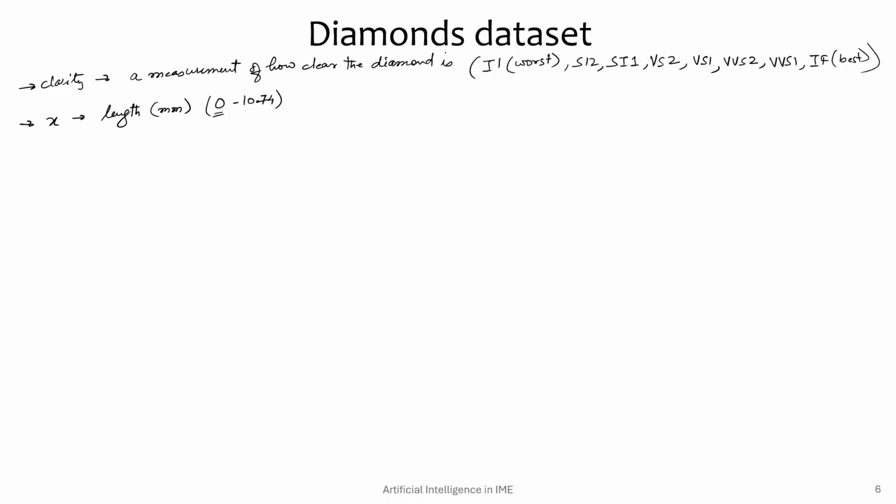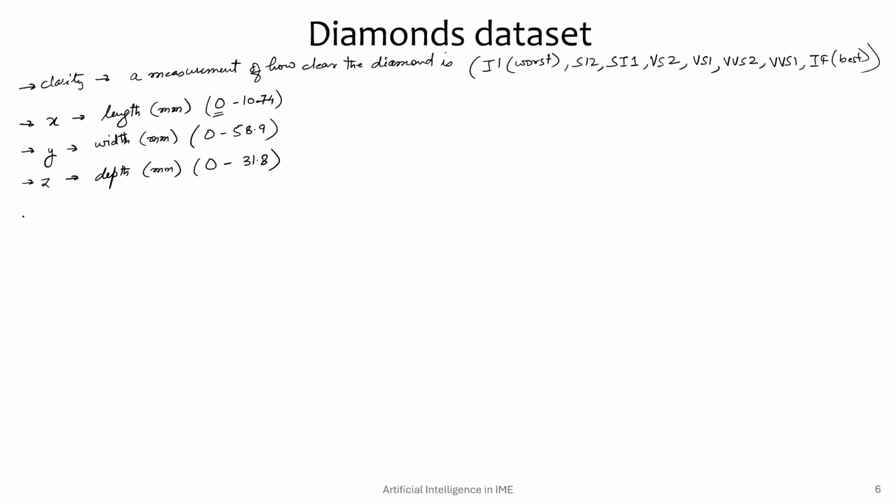So we will try to remove these kinds of outliers as well from our data set when we perform our study. Okay. Y is the width. This is also in mm and it ranges from 0 to 58.9 mm. Finally, Z is depth in mm and it ranges from 0 to 31.8.